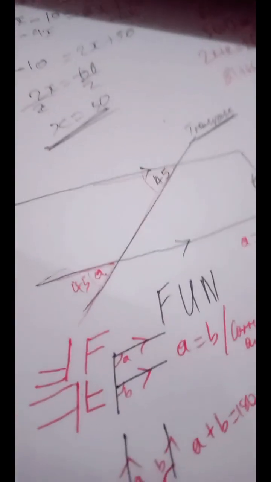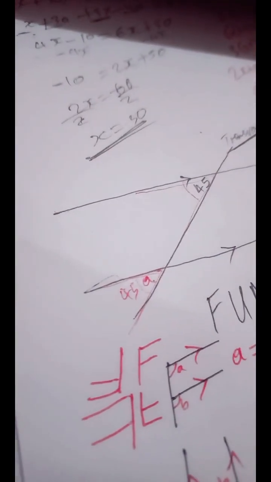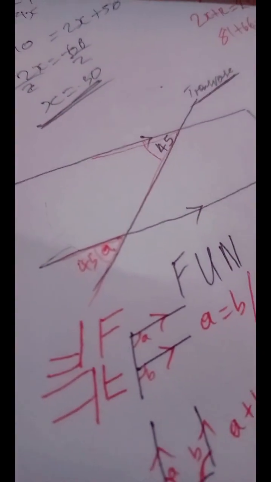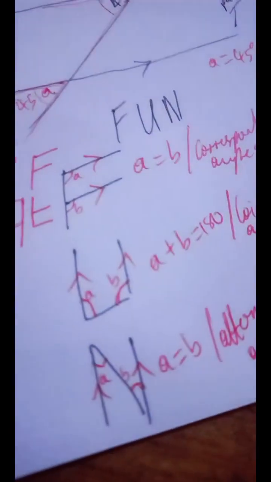You see? That is our A. In the beginning, we used vertically opposite and whatnot. We will use it later. Now I just want you to understand how to apply this.